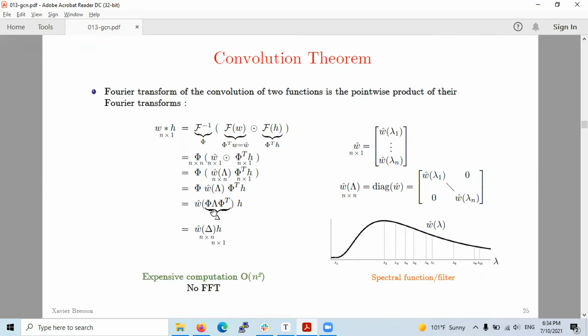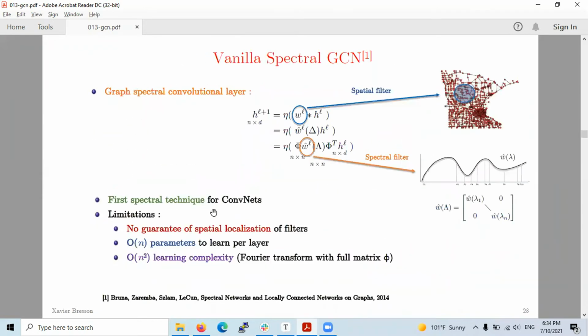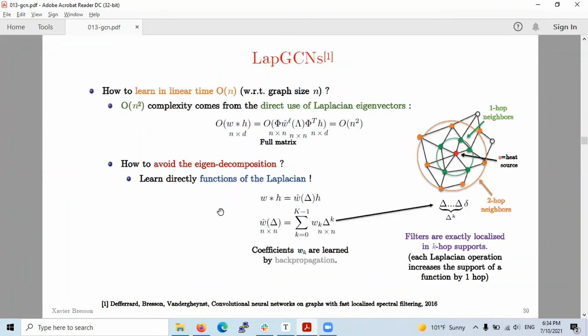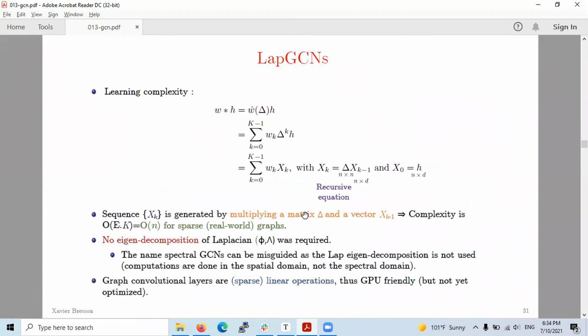But now, because we are doing away with the Laplacian and trying to learn the Laplacian itself, there has to be a certain constraint put on it. You cannot learn the Laplacian without any constraint.